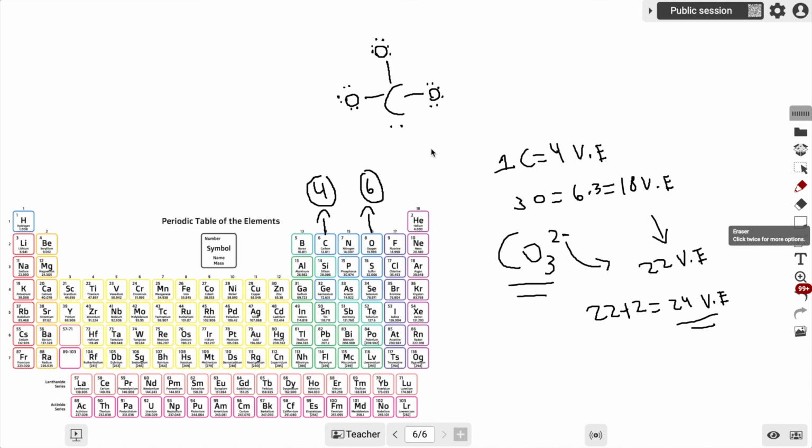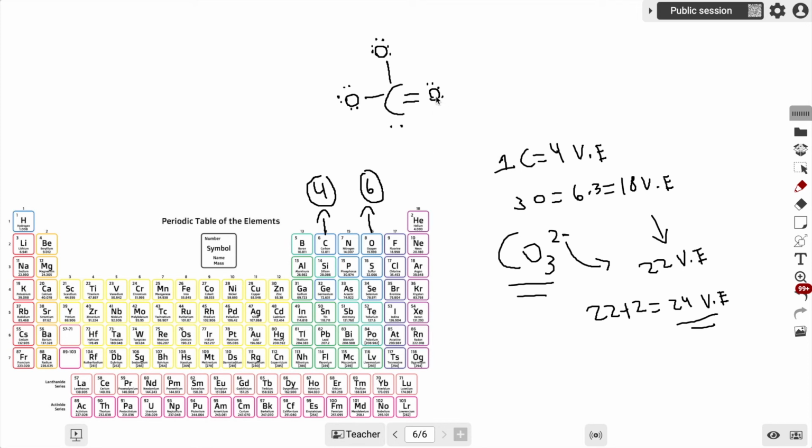How do we fix this? That's where the solution of multiple bonds in the Lewis diagram comes in. What we need to do here is remove this one. If I remove this bond between this carbon and oxygen, I also need to remove the lone pairs here and add a double bond.